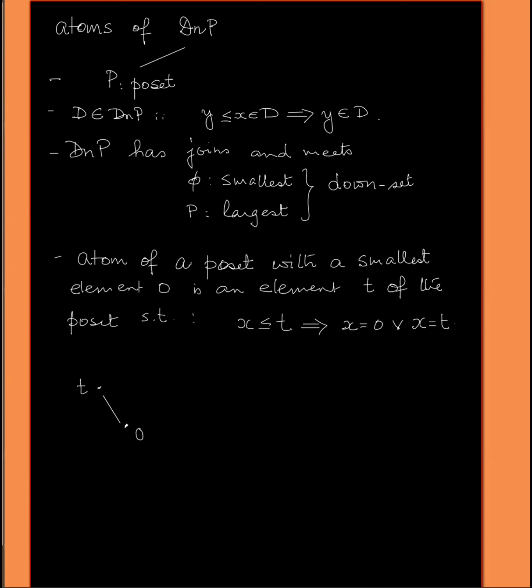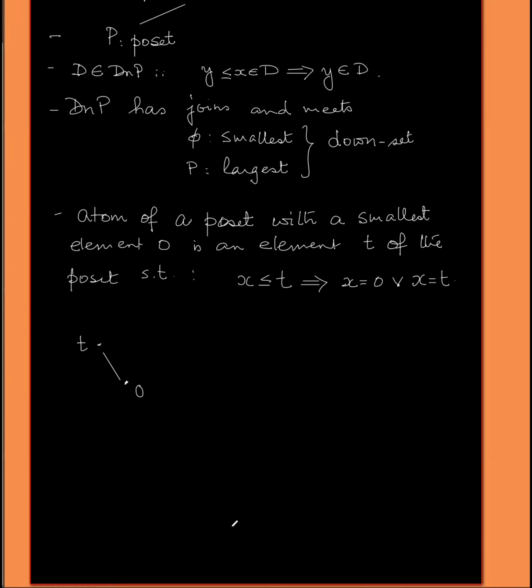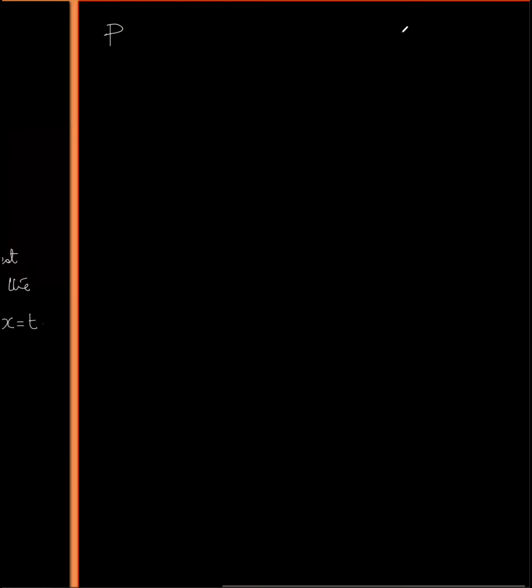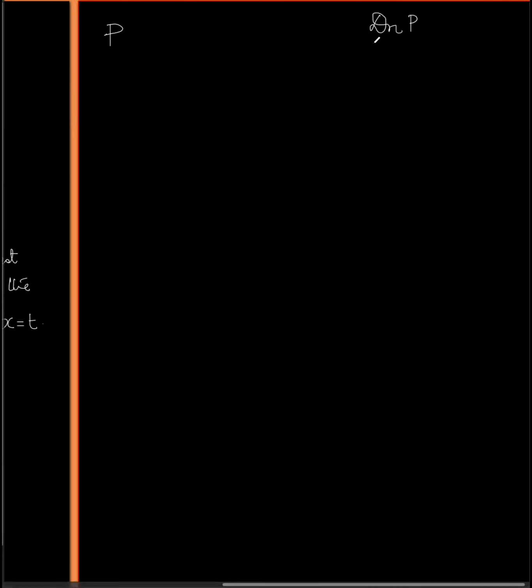So now the question, if we look into this situation about our poset P, I don't know how its structure looks like, but it seems that our downset has something nice. It has the smallest element, the largest element. And the question is when at all, if at all, there can be an atom. So what would be an atom?